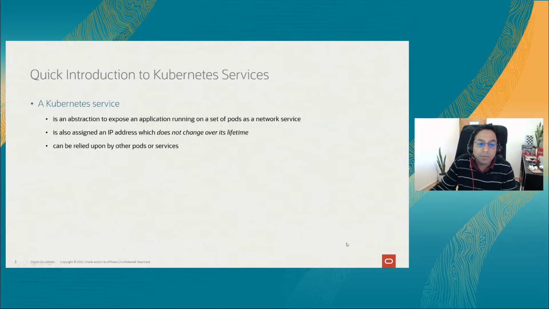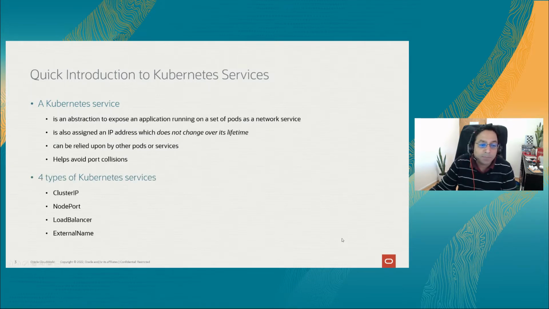Therefore, it can be relied upon by other pods and other services that wish to invoke it. A Kubernetes service also helps you to avoid port collisions, particularly if some pods or applications might be using the same port numbers.